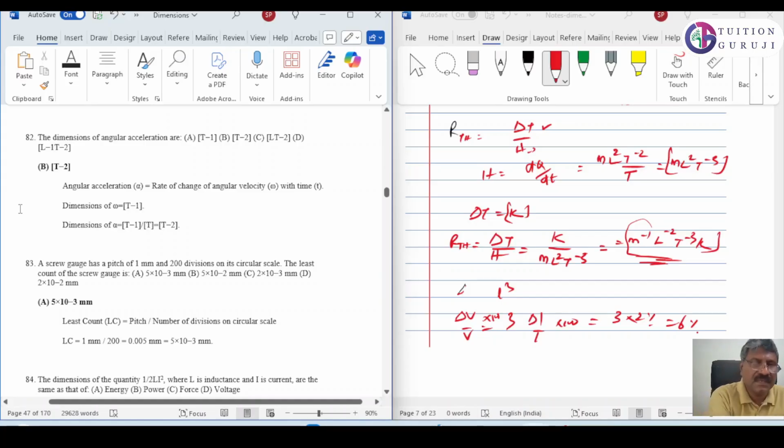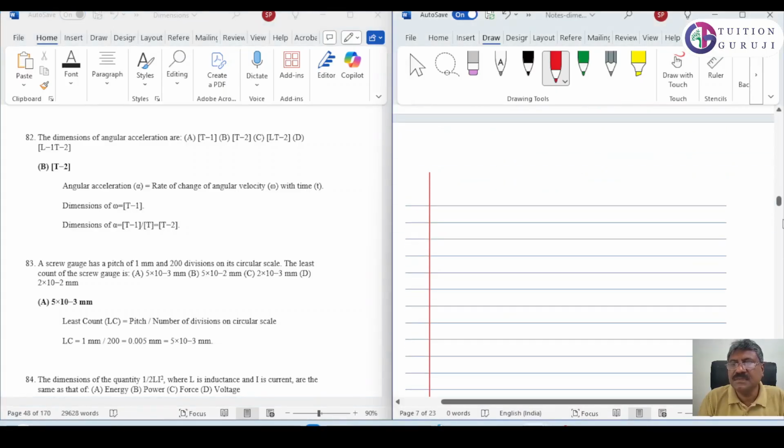Next is the dimensions of angular acceleration. So we want to find the dimensions of angular acceleration. Angular acceleration alpha is equal to the rate of change of angular velocity.